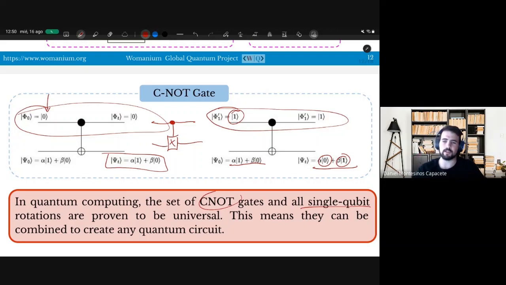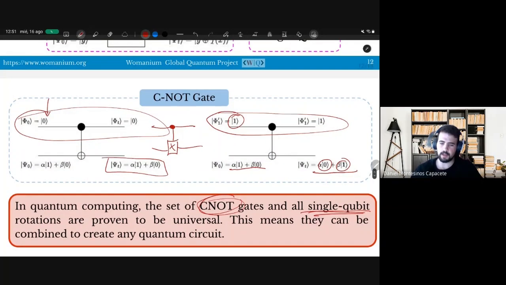I mean, taking into account that quantum circuits are going to give you a unitary evolution, because it cannot be otherwise given the unitary nature of quantum systems in time evolution. But every unitary circuit that you can imagine can be made out of CNOT gates and also single qubit rotations, right? So that's important.